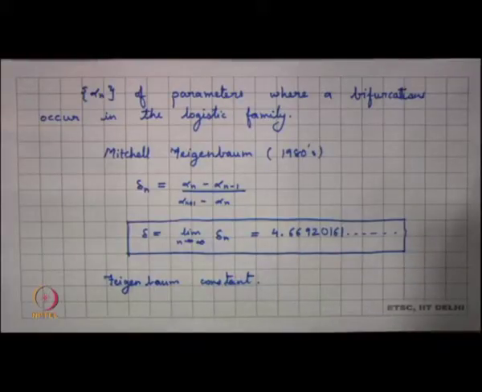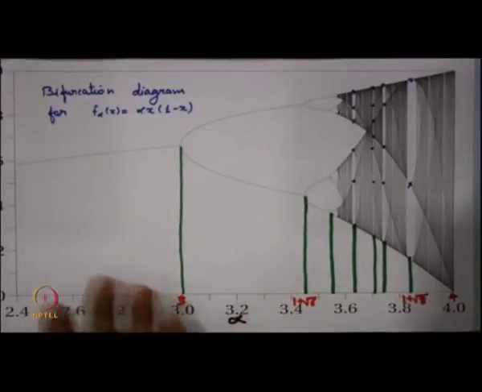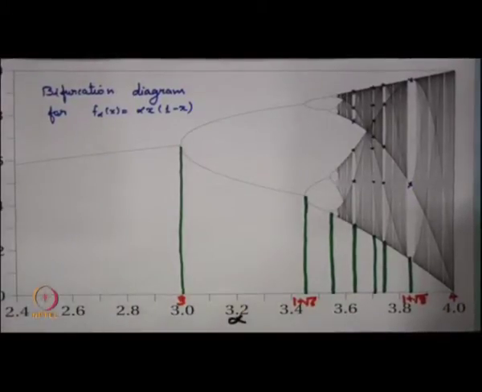Now, let us look into what other implications this Feigenbaum constant has. So, let us try to look into this bifurcation diagram once again, and for the present I just want you to concentrate on two aspects.